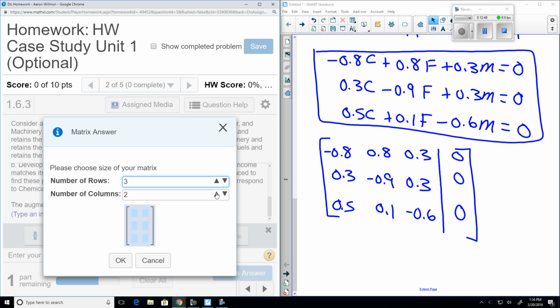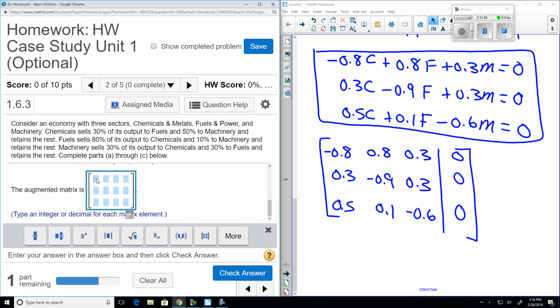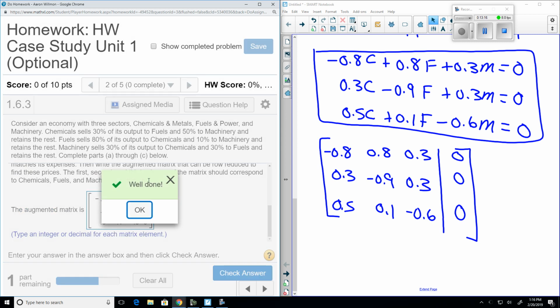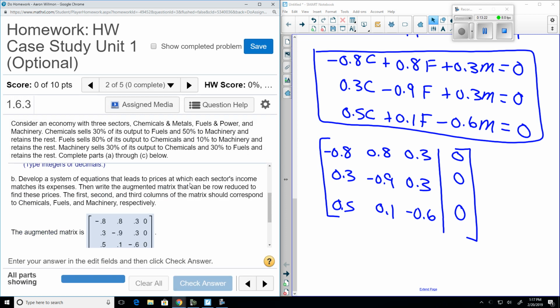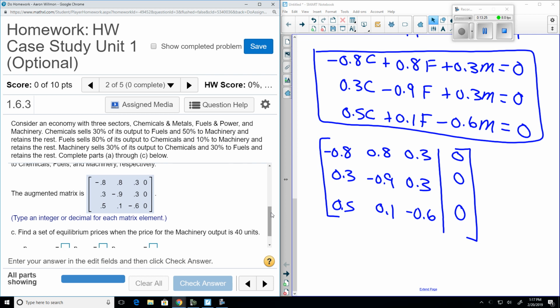So I got 3 rows and 4 columns, correct? That was well done. So that's really the hard part. The hard part is just setting it up.